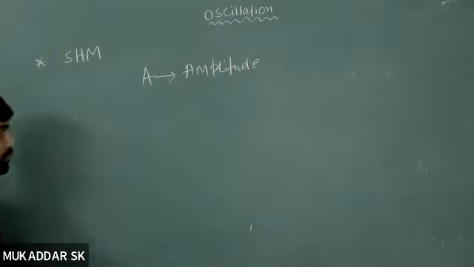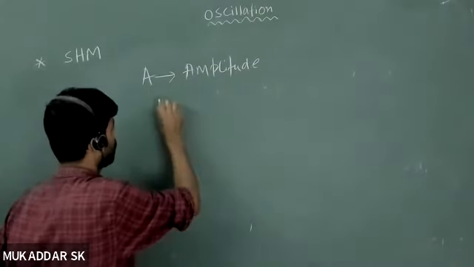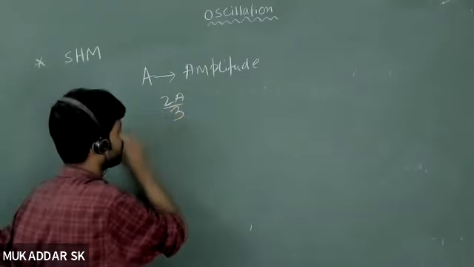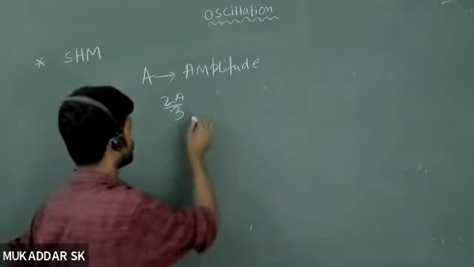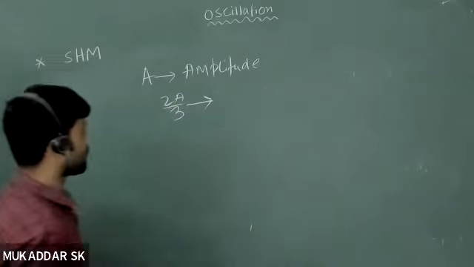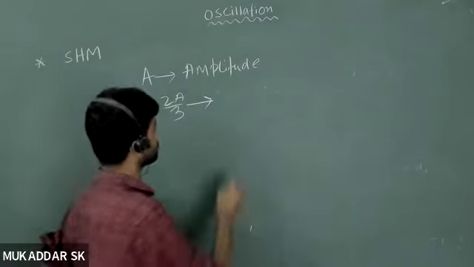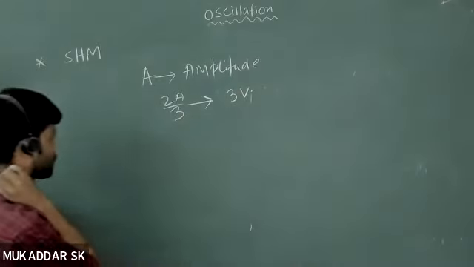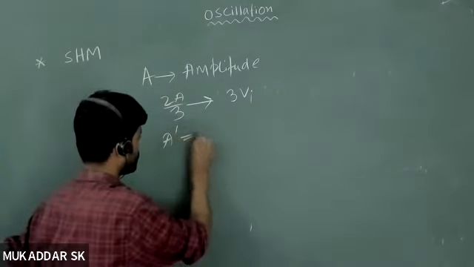Now, when the particle is at a distance 2a by 3 from the mean position, there is a sudden impulse that causes its speed to become thrice of the initial speed. So what will be the amplitude of oscillation now?